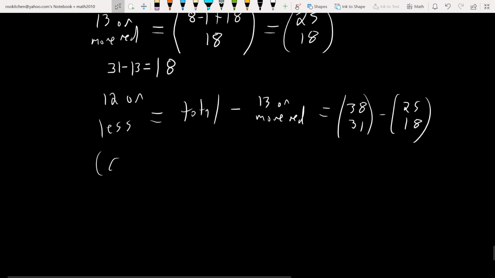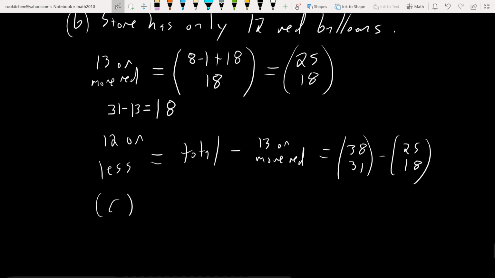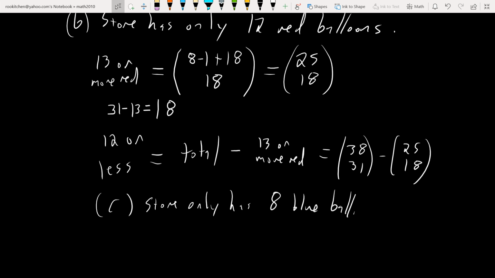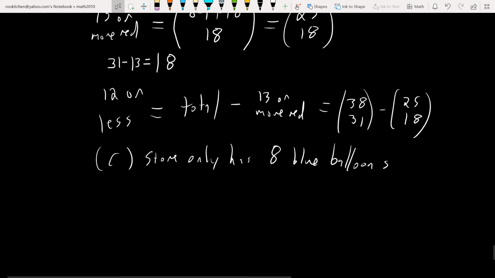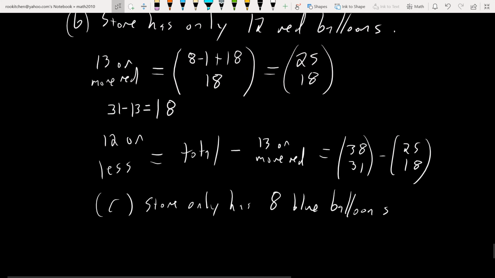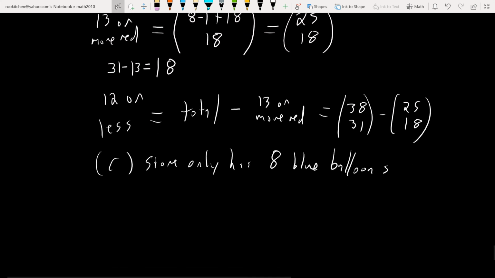Part C, similar question, but now they're saying we have a restriction, only 8 blue balloons. All right, so it's the same game, and you can almost figure out how to do this. So 8 or less means we take the total and subtract away 9 or more.